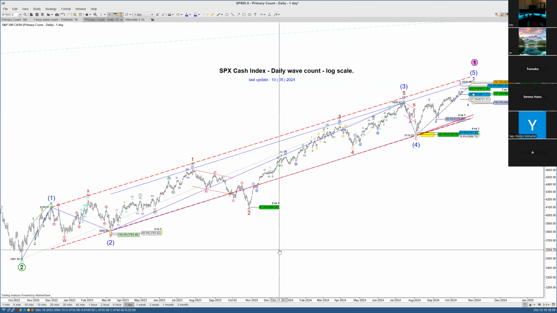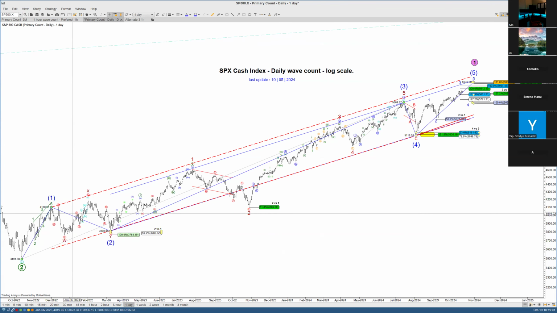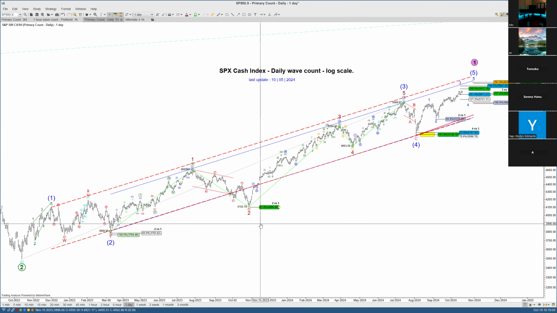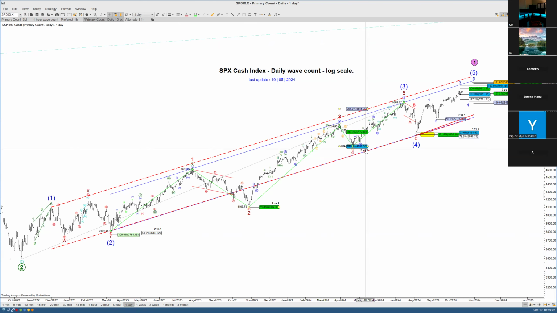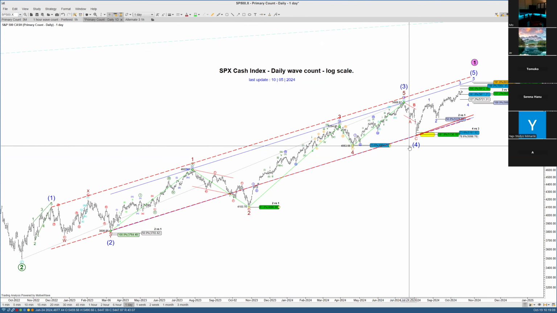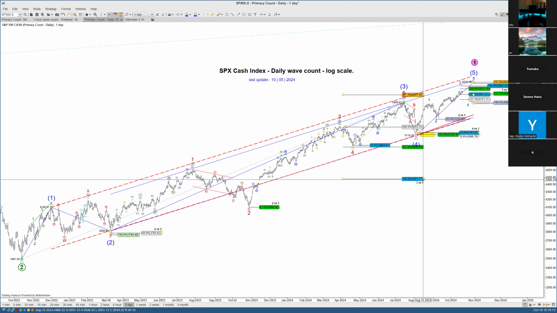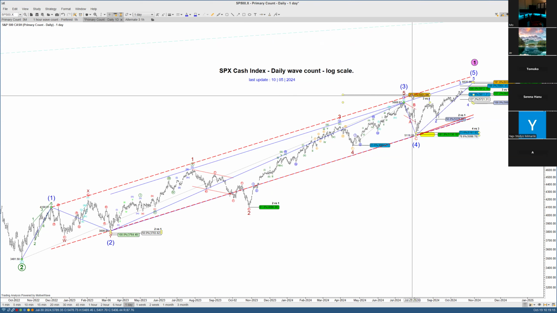So this one right there, would you take it, 1, 2, 1, 2? See, it's satisfied. And then if you take this third wave, you see, almost at that 261.8, this is where we're pretty overbought.